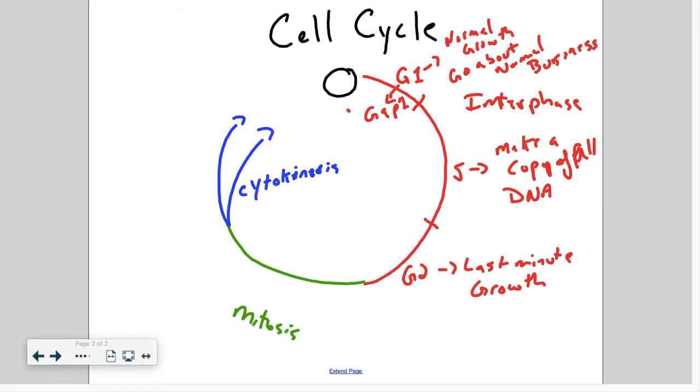So throughout interphase, no matter what part of interphase you're in, the DNA has to be in the form of chromatin. It has to be an opened up, readable form of DNA. That is also going to be true when we get back over here to cytokinesis. In the middle part, where we have mitosis going on, we are going to see that you need chromosomes during that part of the cell cycle.